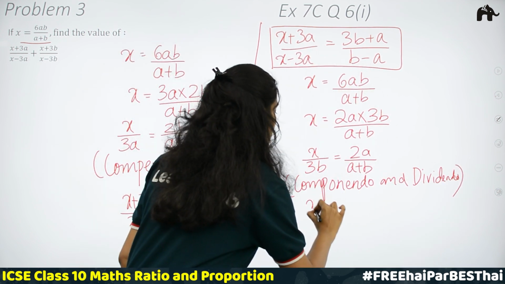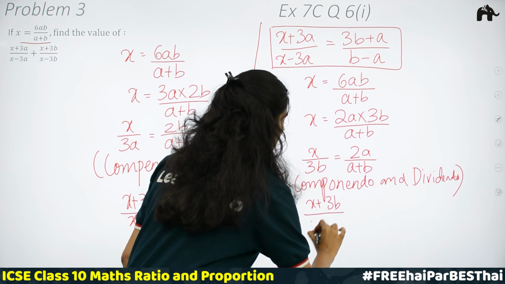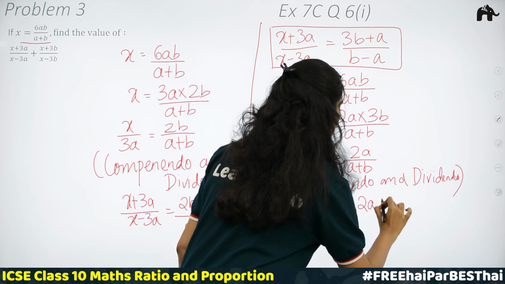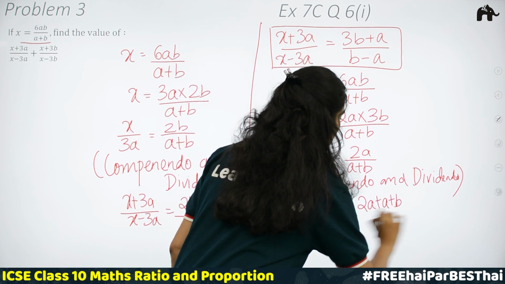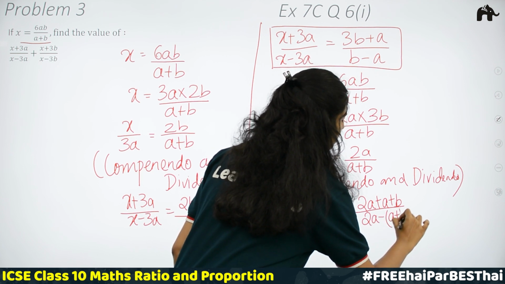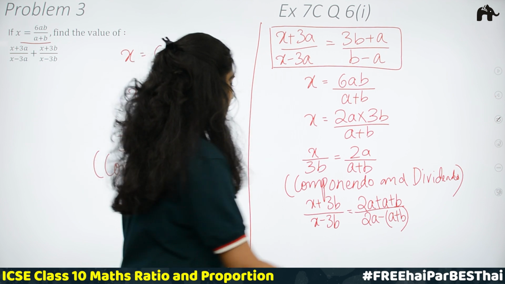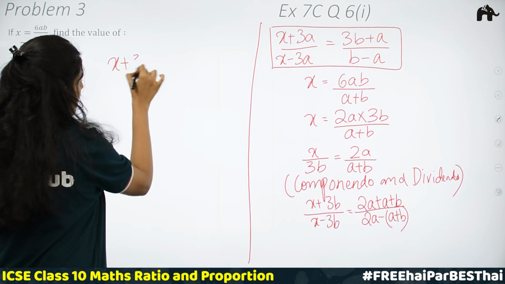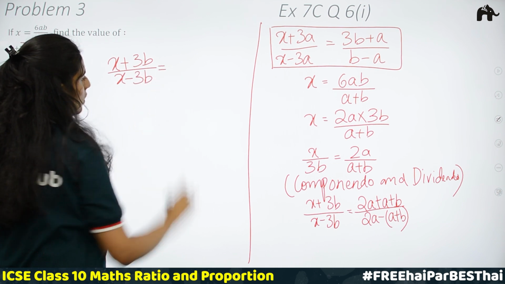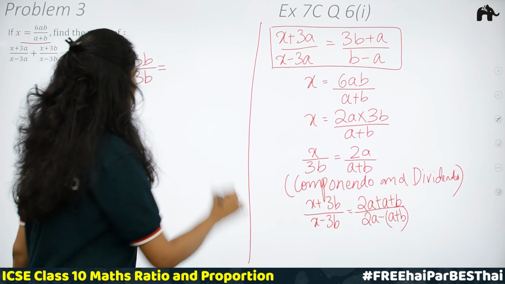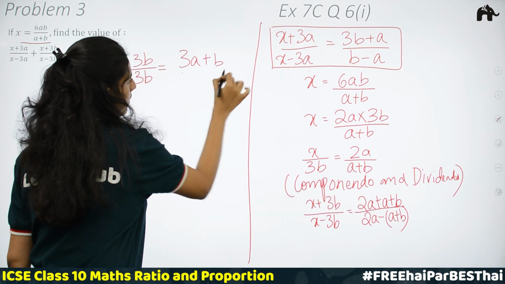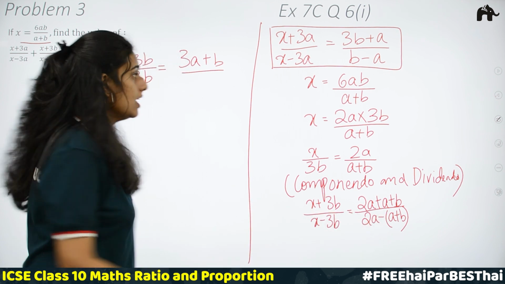x plus 3b divided by x minus 3b is equal to 2a plus a plus b divided by 2a minus a plus b. Okay, that is x plus 3b divided by x minus 3b is equal to 2a plus a is 3a plus b divided by 2a minus a is a.